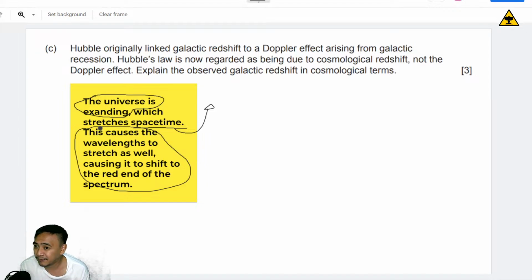So instead of treating time separately, you're treating time as just another dimension. Okay? So space and time put together become space-time. What happens during the expansion of the universe? It stretches space and time together. Okay? It doesn't just stretch space. It stretches time as well.